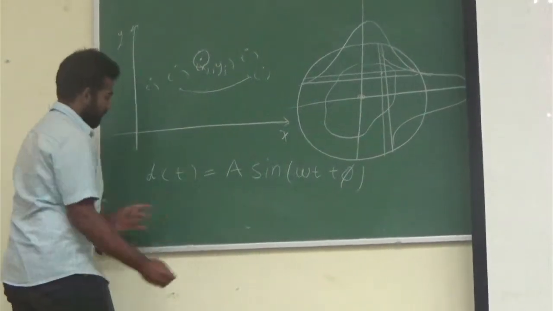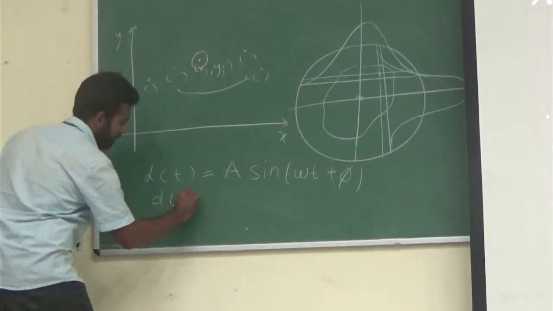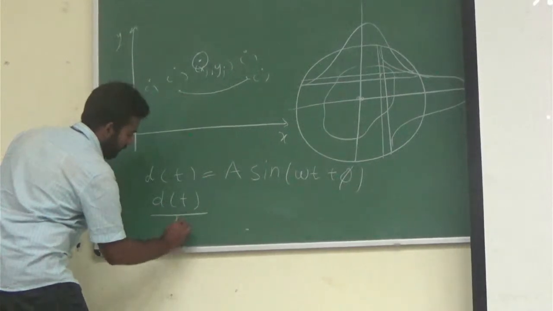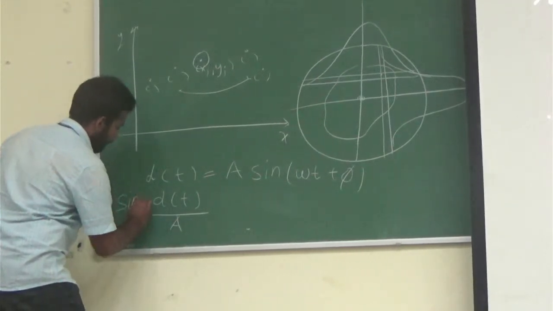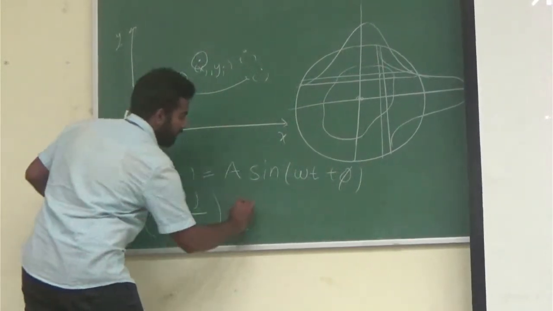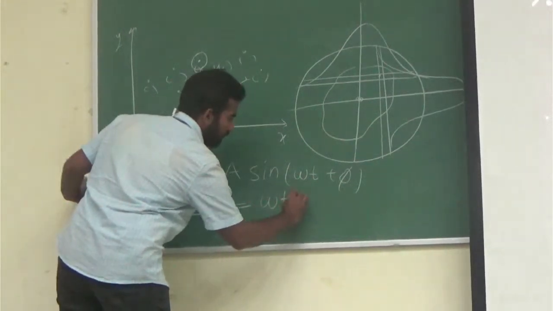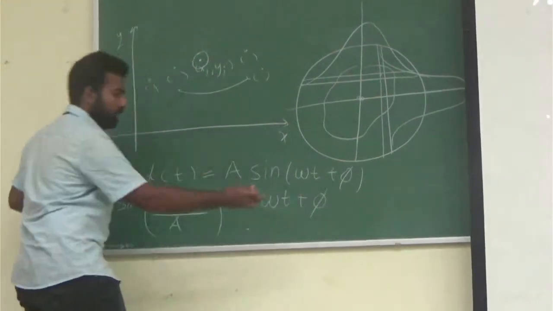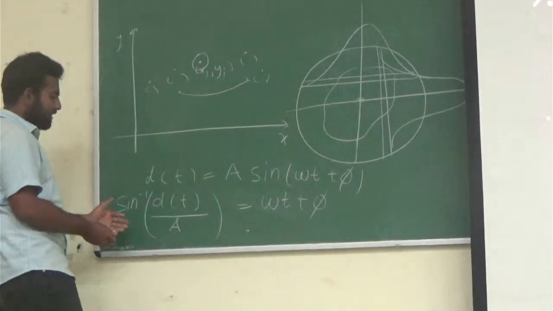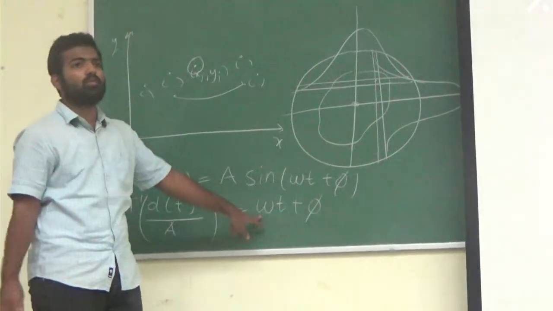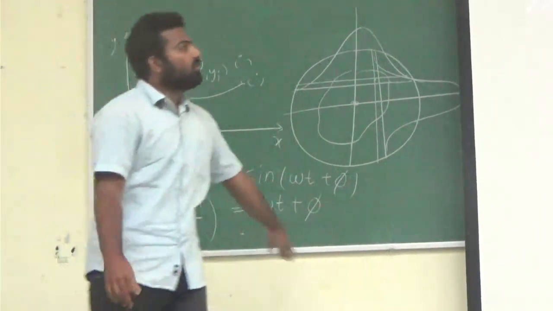Now you just divide by A, take the sine inverse on both sides, and get this equation. This is a straight line equation in which the slope is omega. So that is what we did.